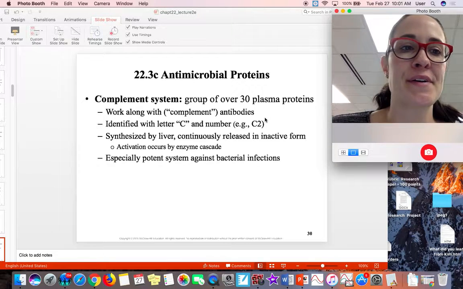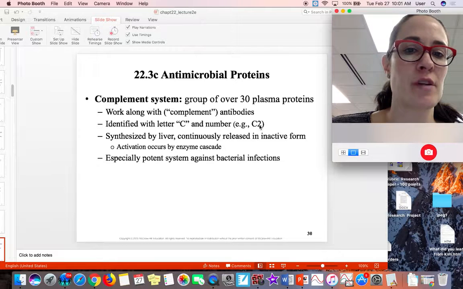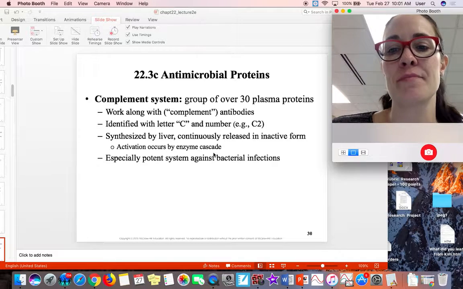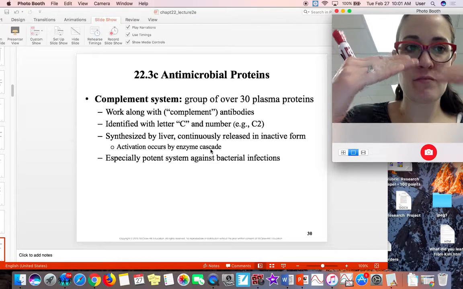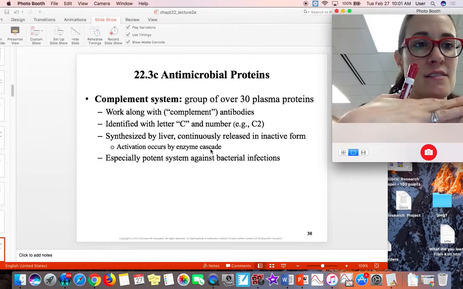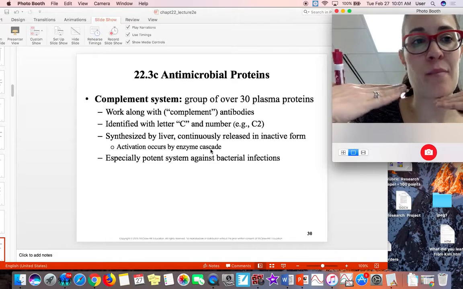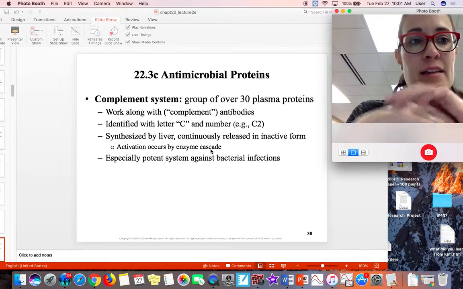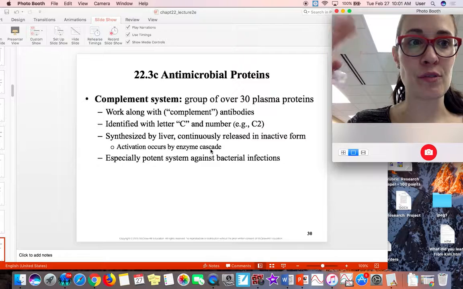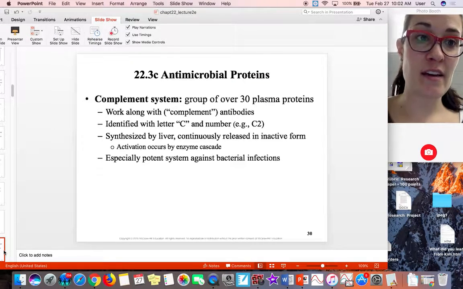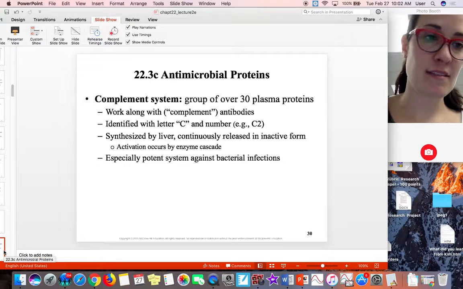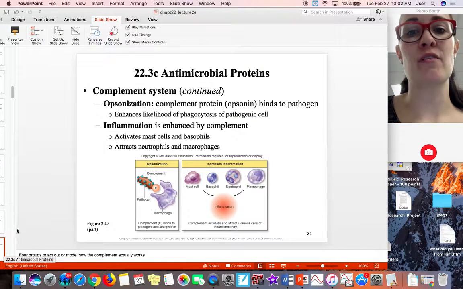And they're numbered: complement number 2, protein, etc. And you see this word cascade. A cascade is a series of events where once one thing happens, the next thing will happen, and so on and so forth. And the response builds as it cascades down. And it's very potent against bacterial infections.